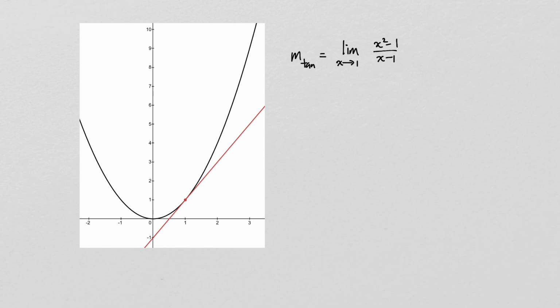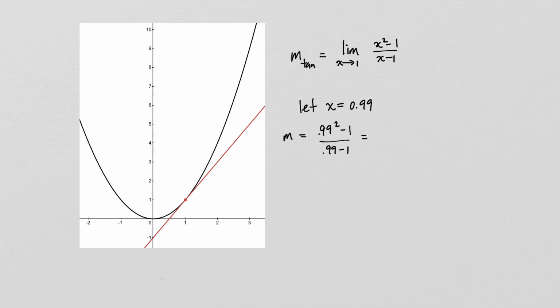But I should also mention that I could let x be equal to a number on the other side of 1, right? Because I only picked values on the right side of 1, but we could have chosen values on the left side of 1. So for example, if I let x equal 0.99, that's a number that's really close to 1 on the left-hand side. The slope here would be 0.99 squared minus 1 divided by 0.99 minus 1.